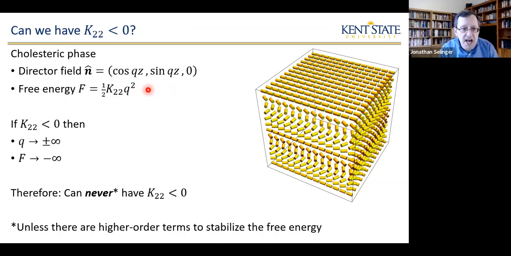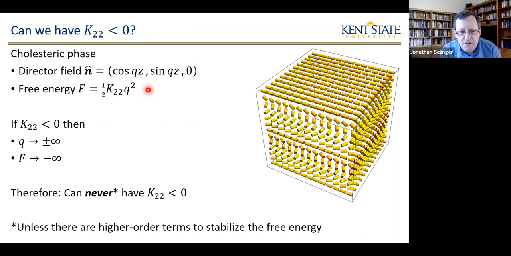If K22 were negative, then the system would minimize its free energy by sending q to plus or minus infinity, and the free energy would go to negative infinity, which would be thermodynamically unstable. Therefore, we conclude that we can never have K22 negative.